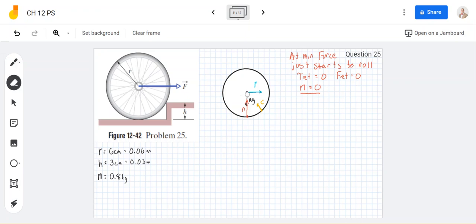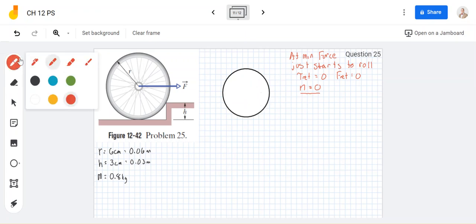So, let me start again. If I go back and set the normal force equal to 0, I still have my weight, mg. I still have my applied force, F. I drew it a little bit bigger here so that we can see it.